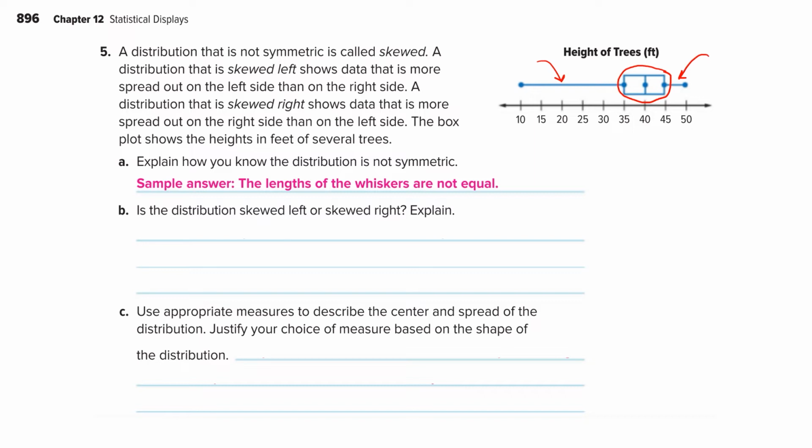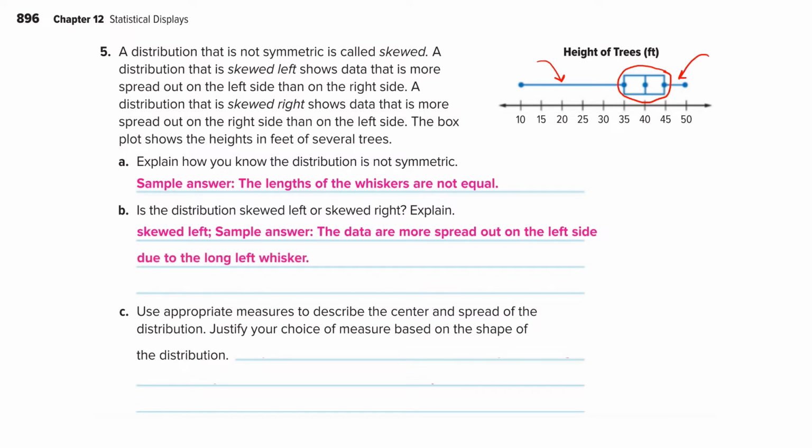This means that the whole graph is not symmetric. Is the distribution skewed left or skewed right? Explain. The distribution is skewed left. The data are more spread out on the left side due to the long left whisker.